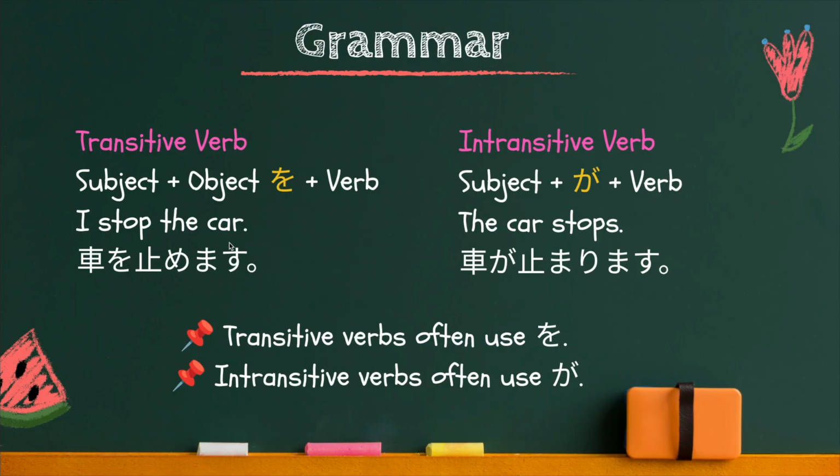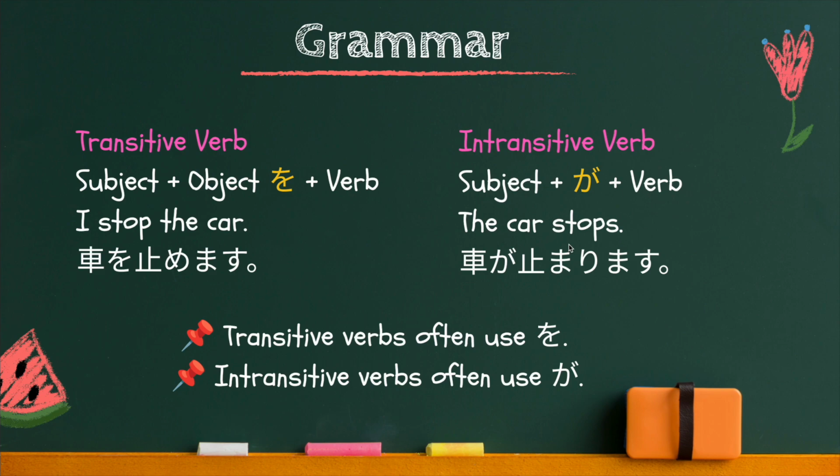But now let's move on to the intransitive verb. So this time, subjectが, then lastly the verb. For instance, 車が止まります. 止まります is an intransitive verb. It means the car stops. It doesn't focus on the person anymore.